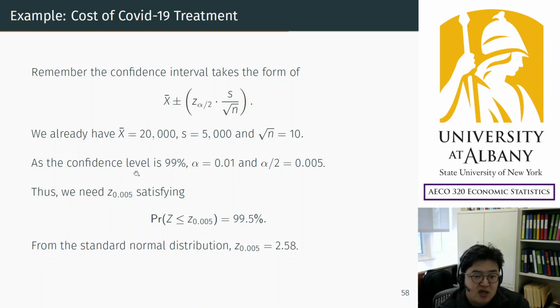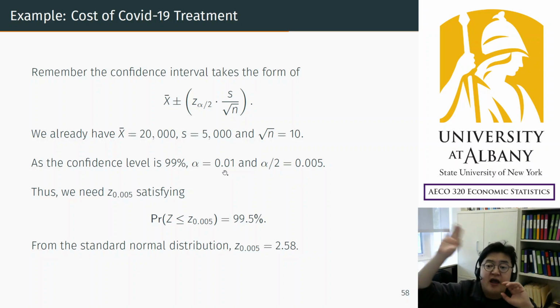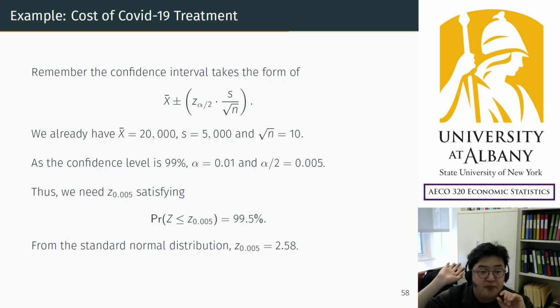And remember, we used a 99% confidence level, which means you allow 1% error probability. That means you need to find from the standard normal distribution the top 0.5% value, because among the 1% error probability, only 0.5%, half a percent, is on the right side.